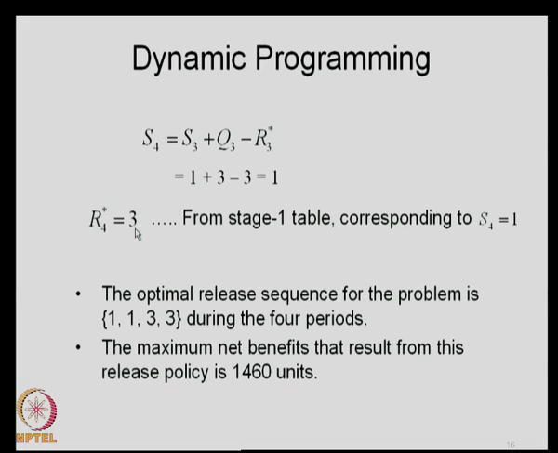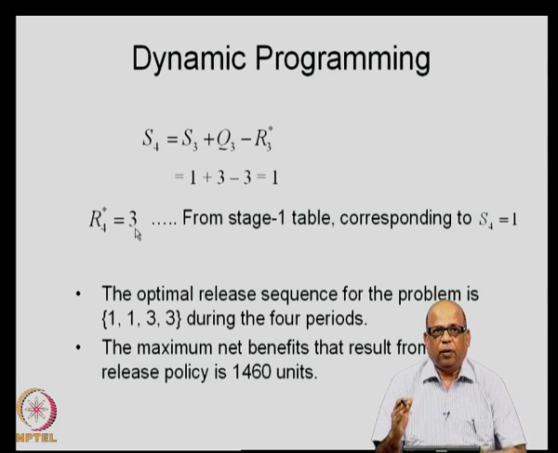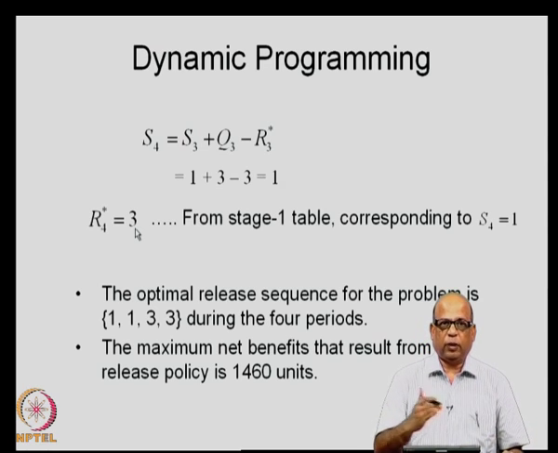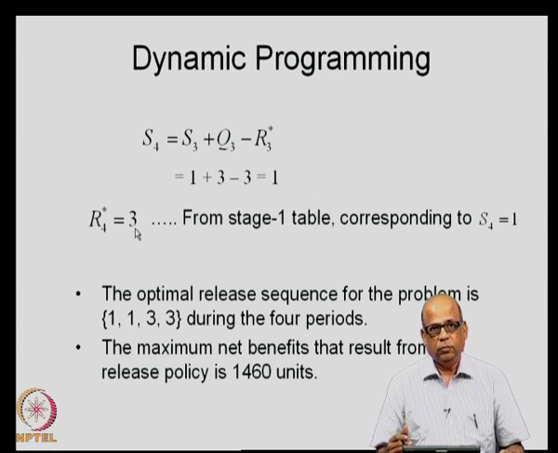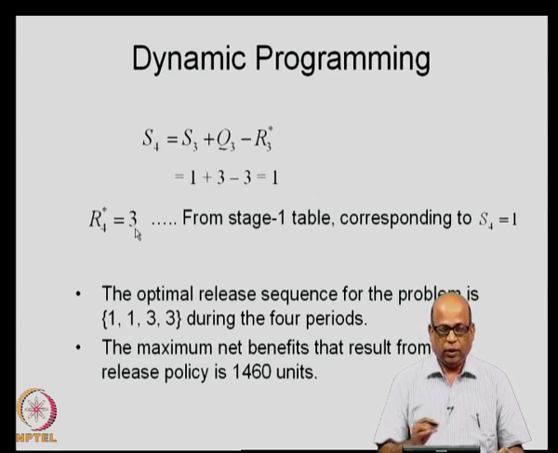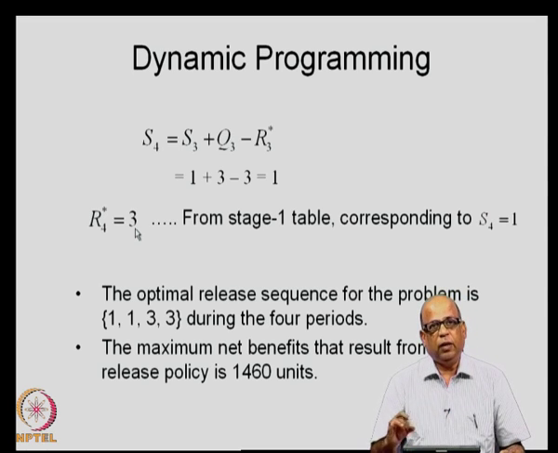This is how we trace back the solution after we have solved the problem completely. At the last stage you get the optimal decision, and from that optimal decision you trace back the solution. In all discrete dynamic programming problems of the type that we are talking about, this trace back will be necessary to obtain the optimal decisions at various stages.